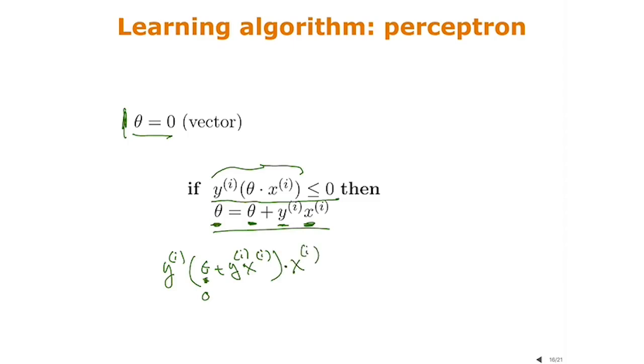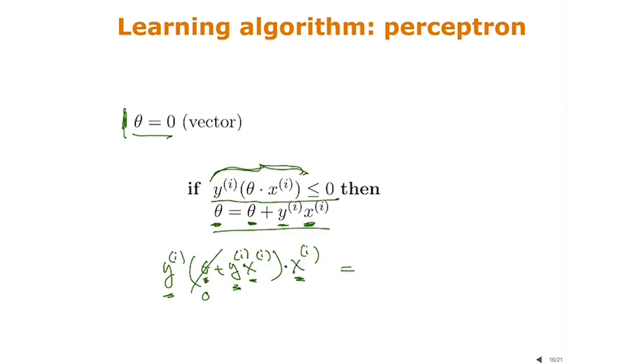So we are evaluating whether or not this would be negative or 0 after the update. Since the parameters are initially 0, we can just multiply this in. Label times itself is always 1, since the labels are plus or minus 1. And a vector in a product with itself gives you the squared norm of that vector.